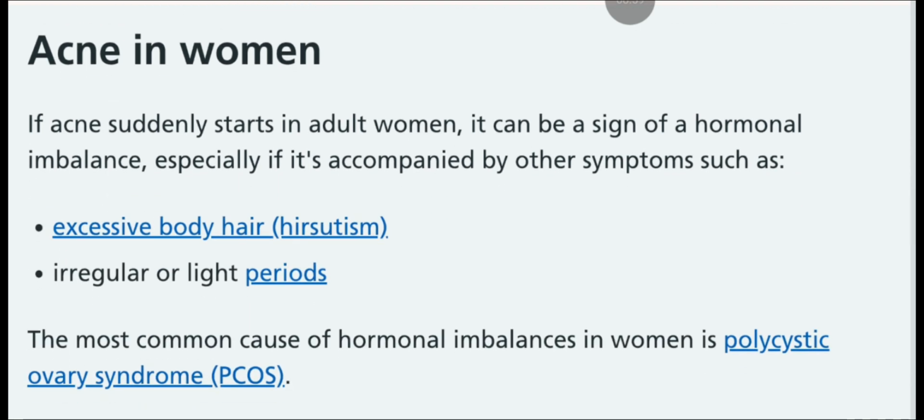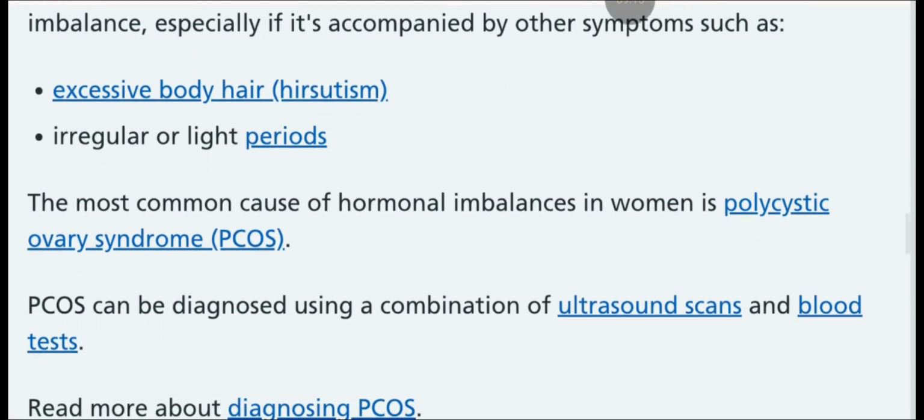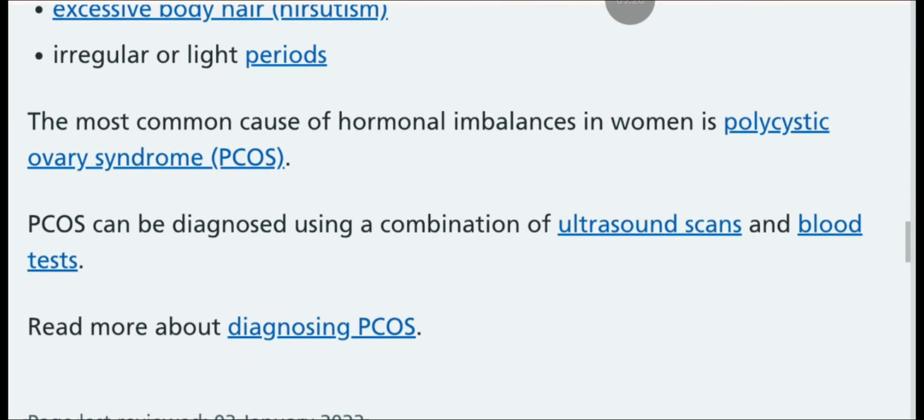Acne in women. If acne suddenly starts in adult women, it can be a sign of a hormonal imbalance. Other signs include excessive body hair, hirsutism, and irregular or light periods.